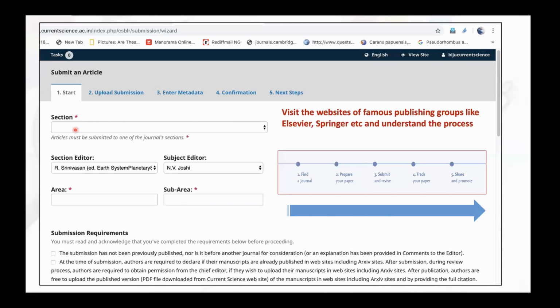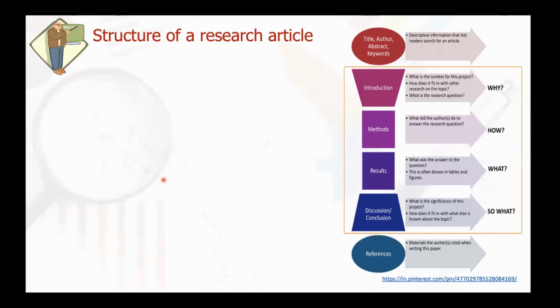You have to start by giving the title, and then the author's name. You have to put the authors' names one by one, and then you can add the subsequent authors. Then you have to give the address and their area of expertise, etc. And then you go to the next step of submission.